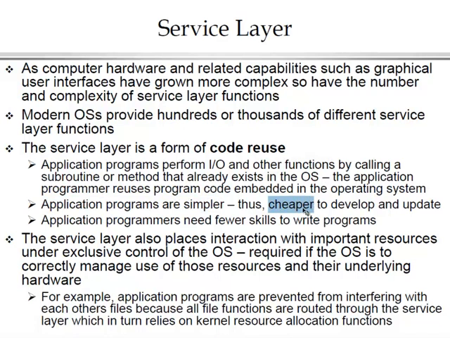Now, yes, the application programmer has to know which service layer functions to call, what data to pass them, what results are expected to be passed back, what error codes might arise, and so on and so forth. But that's a much simpler set of knowledge and a much less complicated task than having to actually write that code. So from the application programmer standpoint, it's a lot cheaper to develop initially and to update later.